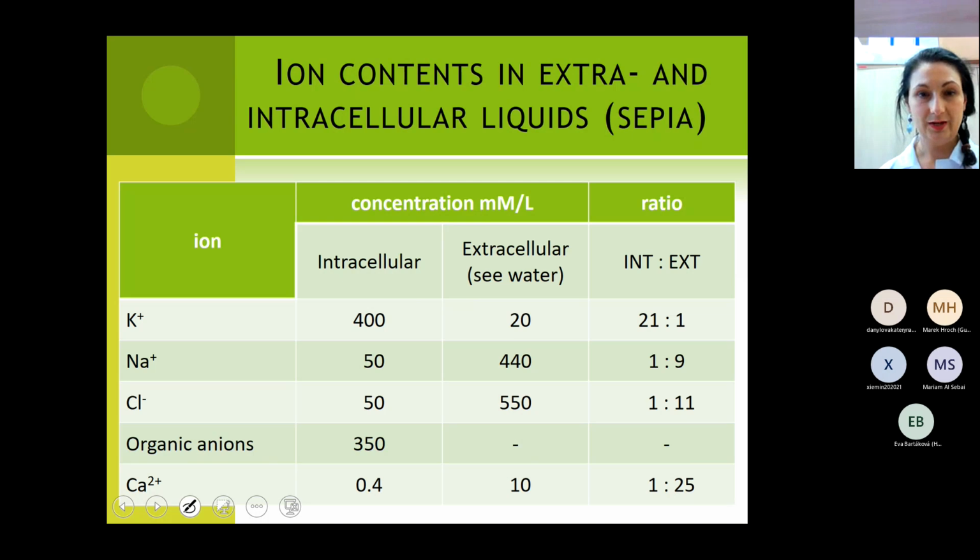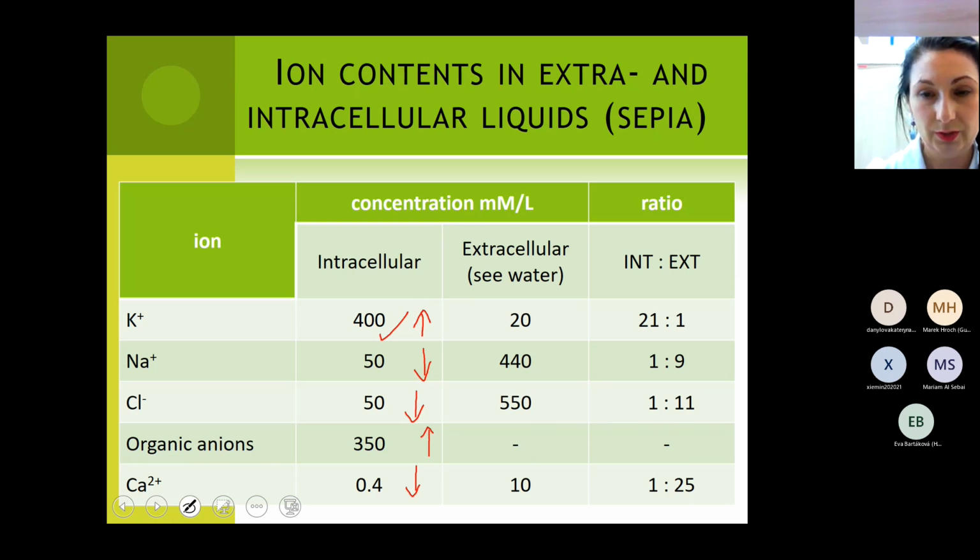If we look at this table, we can see the intracellular concentration: for potassium, a high concentration. For sodium, a low concentration. For chlorine, a low concentration. For organic anions, a high concentration. For calcium, a low concentration. In contrast to the seawater or extracellular space.